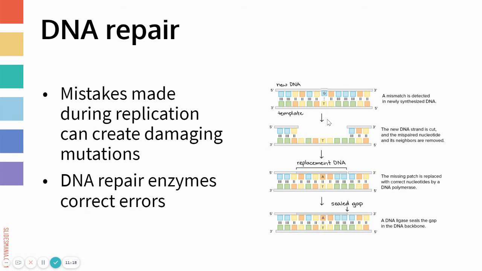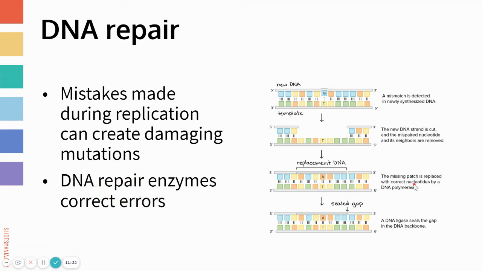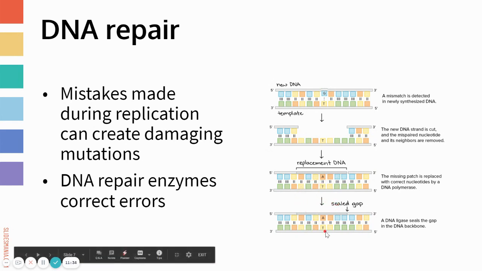And if it's incorrect, we have special repair enzymes that can correct the errors that it finds. They're actually special versions of DNA polymerase that can fix the problems. So we get a replacement base, and now both the strands are perfectly aligned with the proper base pairing rules.